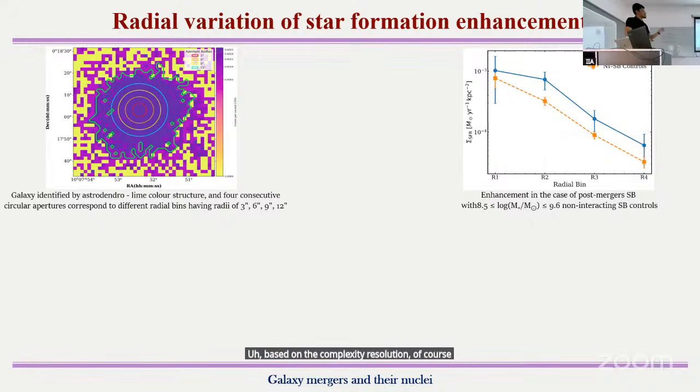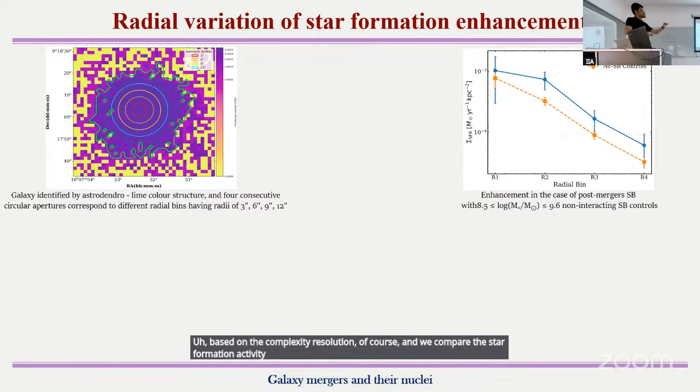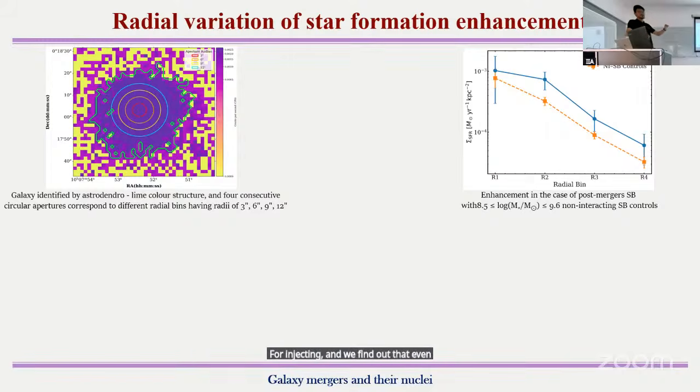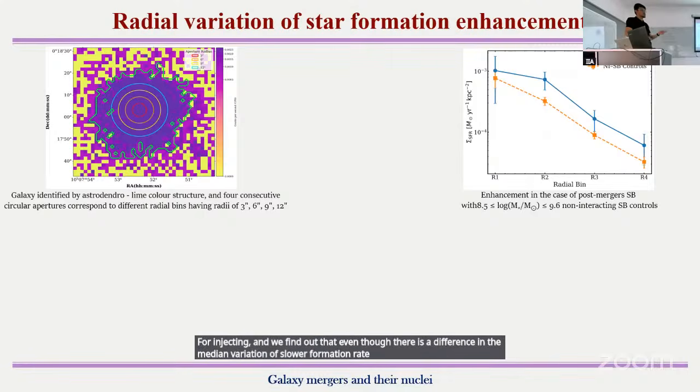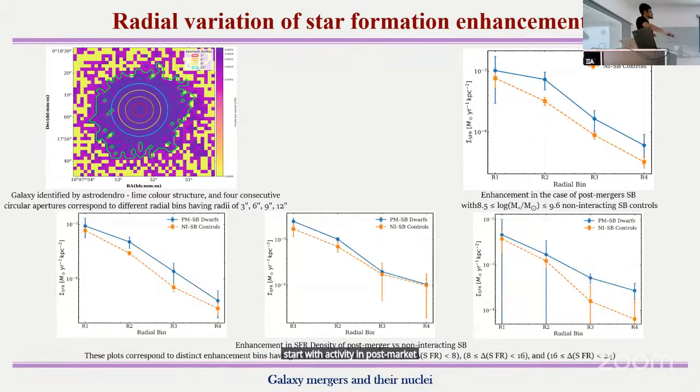We compare the star formation activity in post-merger and non-interacting galaxies, and we find that even though there is a difference in the radial variation of the star formation rate surface density profile, we are not sure because the error bars are comparatively high. So we are not able to discern the property of starburst activity in post-merger and non-interacting galaxies. Apart from that, we did a similar comparison.